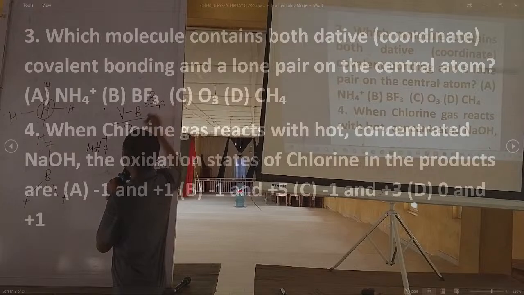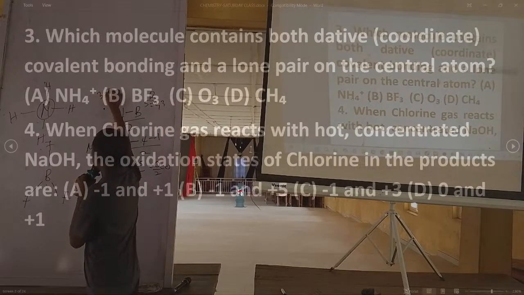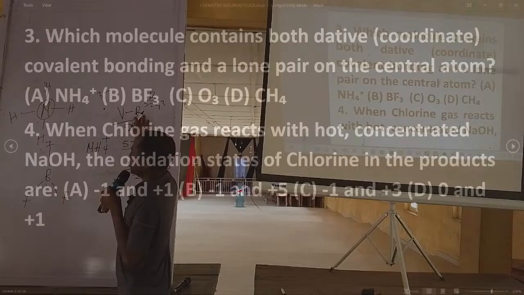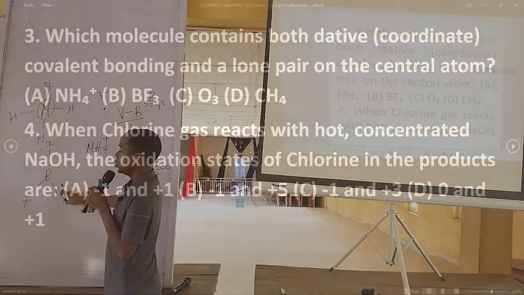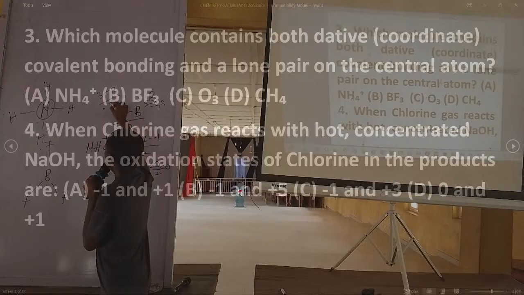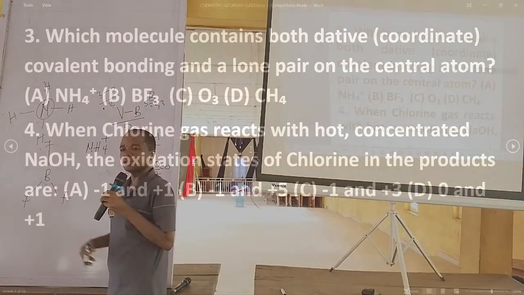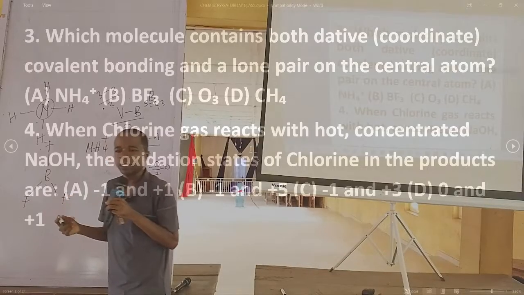That's 2, 3. So the number of valence electrons is 3. That's 3 minus how many bonds does it form? This 1, this 2, this 3. That's 3 minus 3, which is 0. 0 divided by 2 is also 0. It doesn't have any lone pair of electrons.